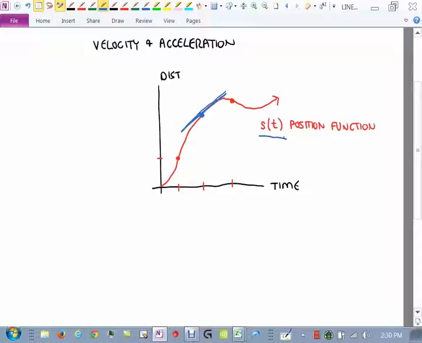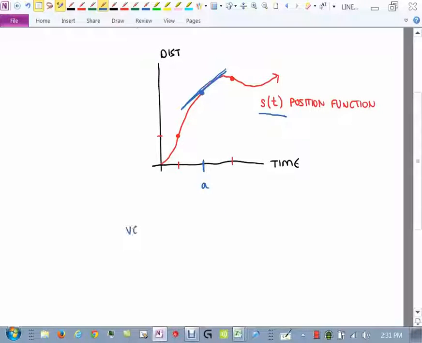Let's call that point in time A. So the velocity at t equals A. We're using t instead of x here because t is a better variable for time. The velocity at t equals A is the derivative of s at A. And this gives us what we call the velocity at A. Okay, so we'll call it v of A.